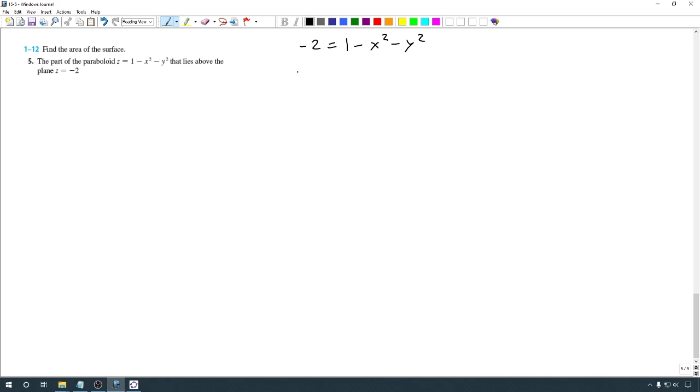If we bring the x squared and y squared over to the other side, and the -2 over to here, we're looking at x squared plus y squared equals 3. That's the equation of a circle, as we would expect, and it has a radius of square root of 3. And that's going to be the domain that we're looking at.